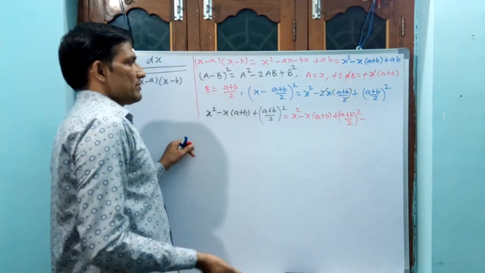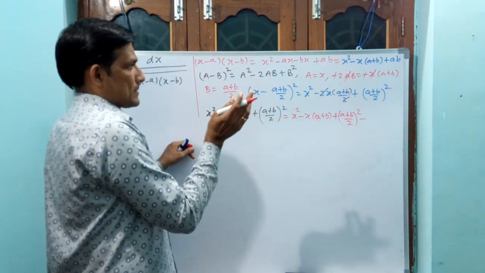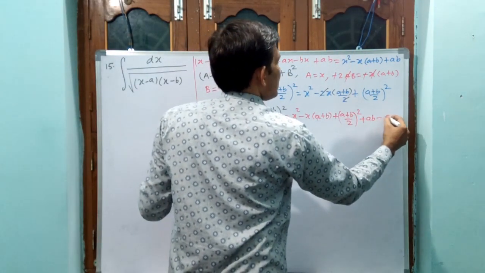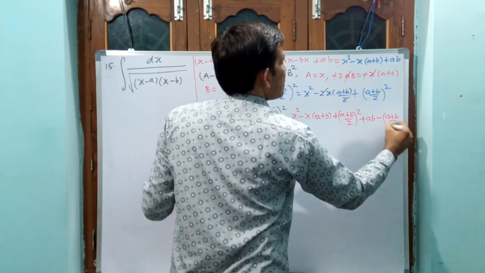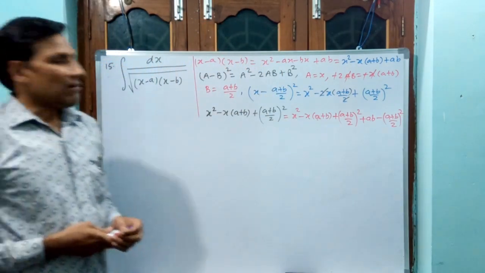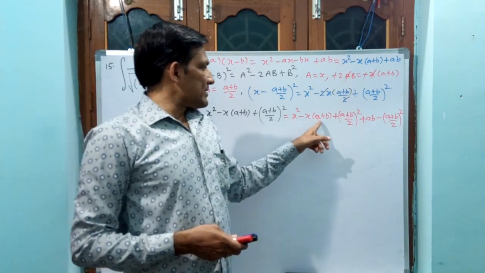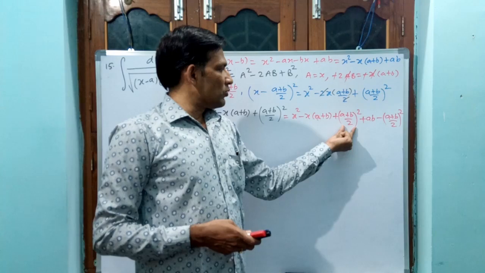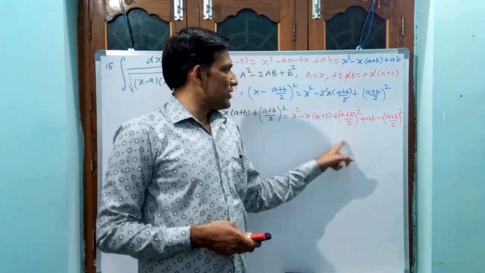Again you write this plus ab minus ((a plus b) by 2) whole square. What will happen? x square minus x(a plus b) by 2 plus ab will be original, plus ((a plus b) by 2) whole square minus ((a plus b) by 2) whole square are going to get cancelled.